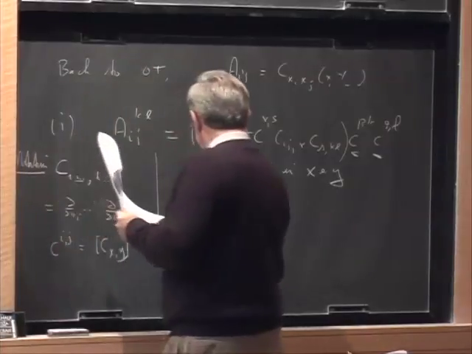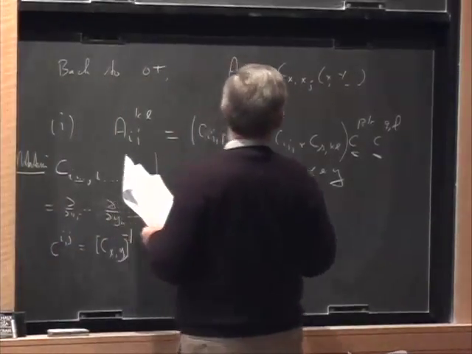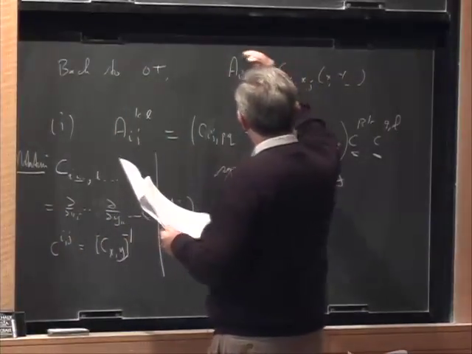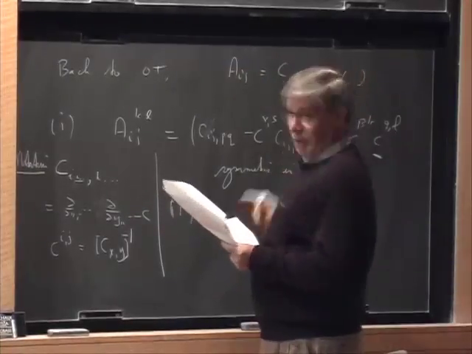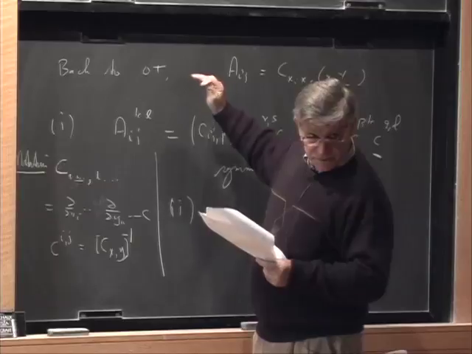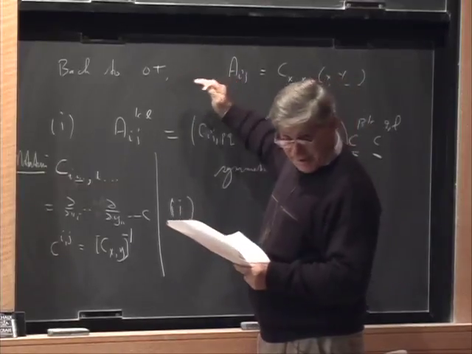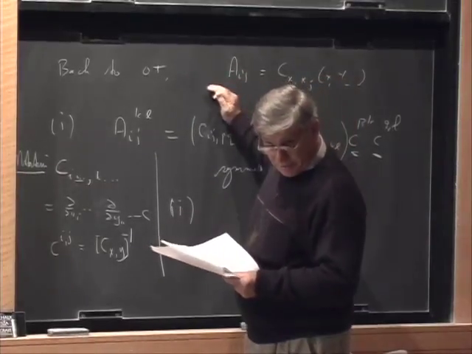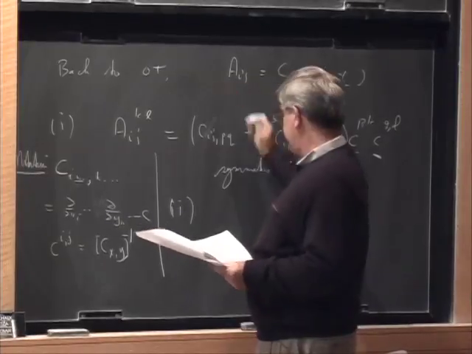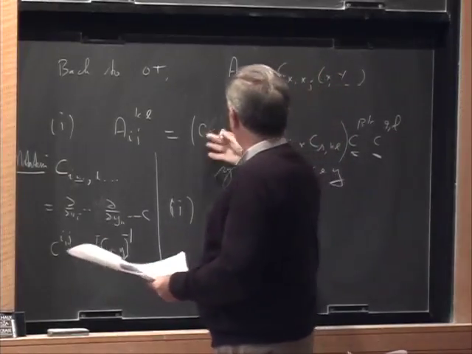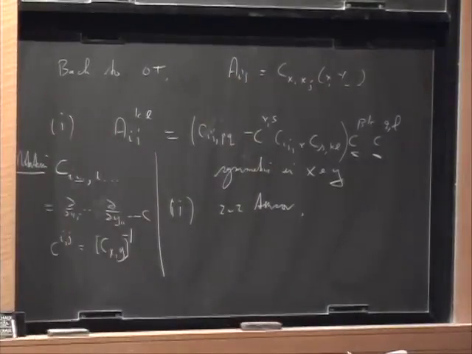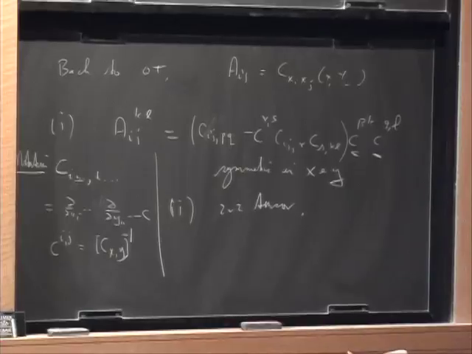And a second property, think of what this quantity is. I'm differentiating twice with respect to a gradient. Let's fix y. I'm differentiating twice with respect to a gradient of a scalar, the Hessian of the same scalar. What does that tell me? It tells me immediately it's a 2-2 tensor. So already you have a condition which is like ellipticity. It's invariant under coordinate changes.